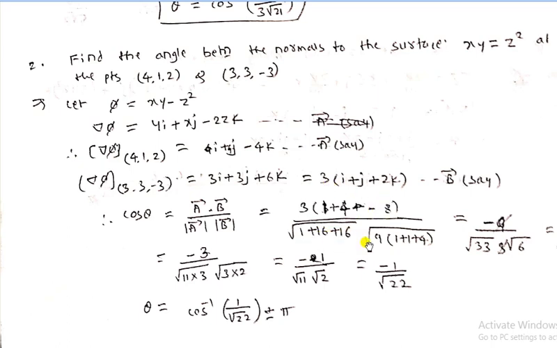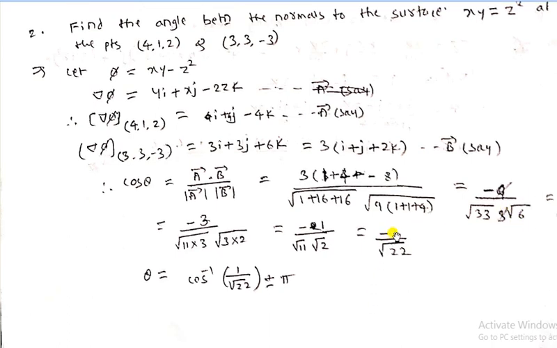And the second one is 3 square is 9, 1 square, 2 square, 1 plus 4, which gives 9 divided by square root of 33 into 3 into square root of 6. Then after simplifying we will get minus 1 divided by square root of 22, or theta is equal to cos inverse of 1 divided by square root of 22. So this is the angle between the two surfaces.